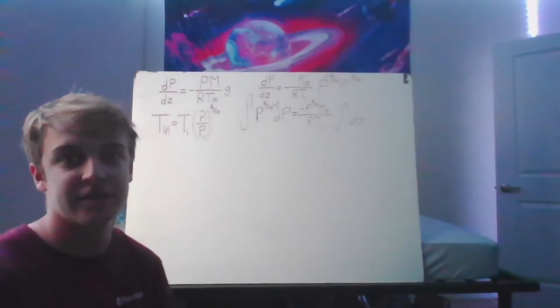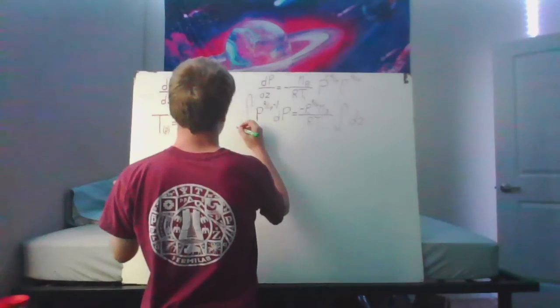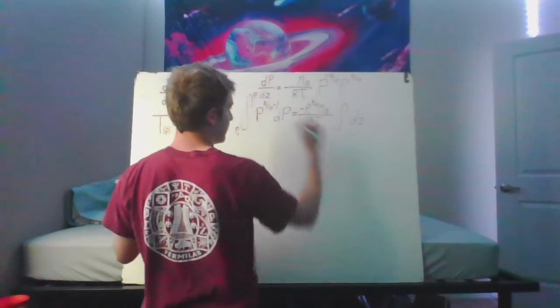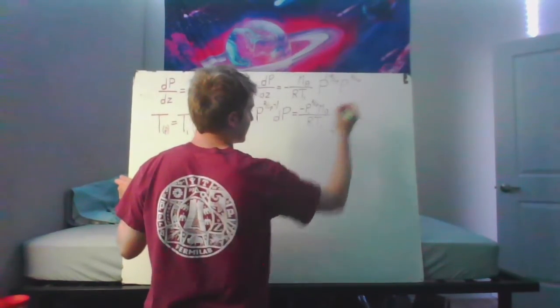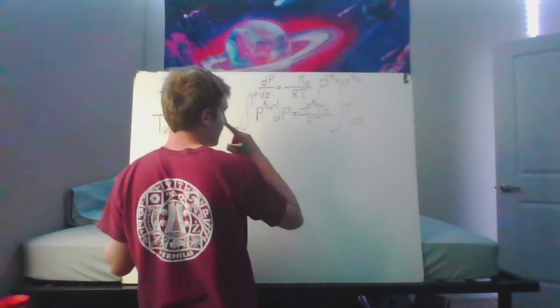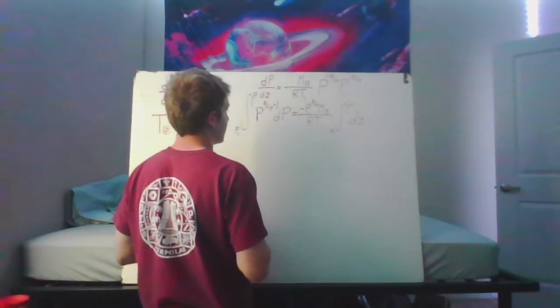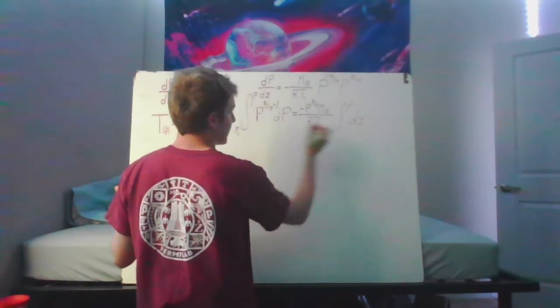So now we just need bounds for this integral, and we're going to do it just like before. P1 to P, Z1 to Z. And now to evaluate this, I'm going to put in our dummy variables here.